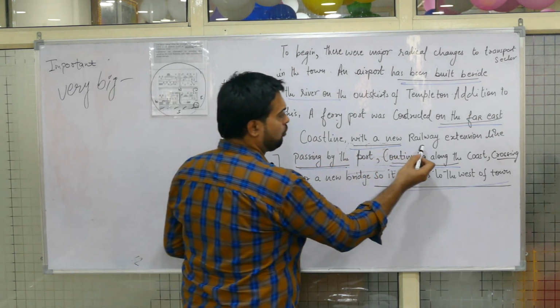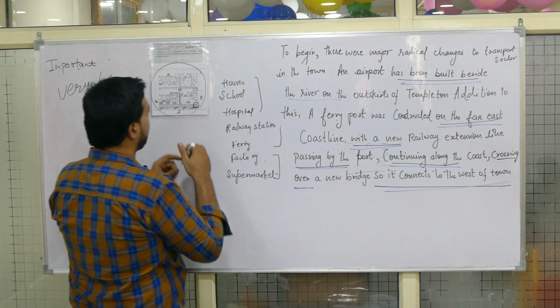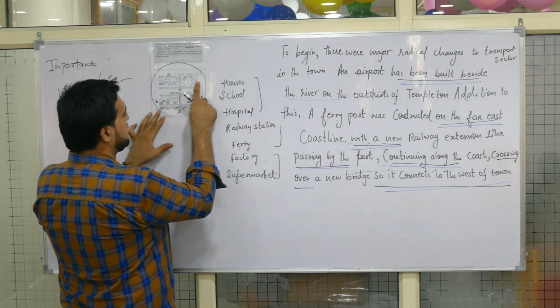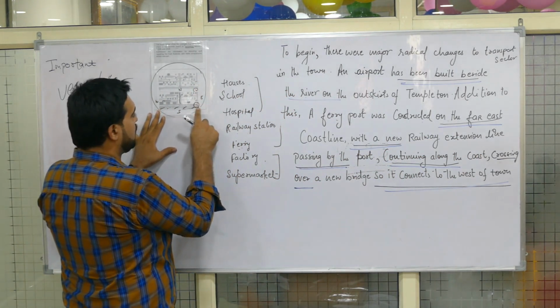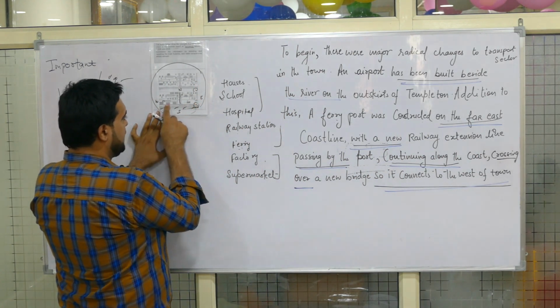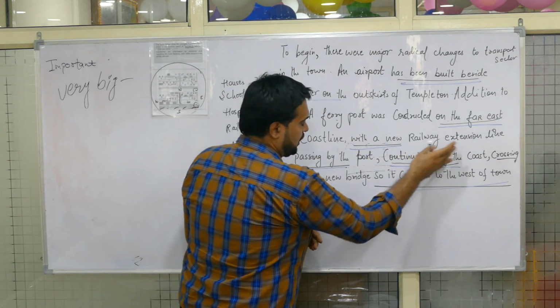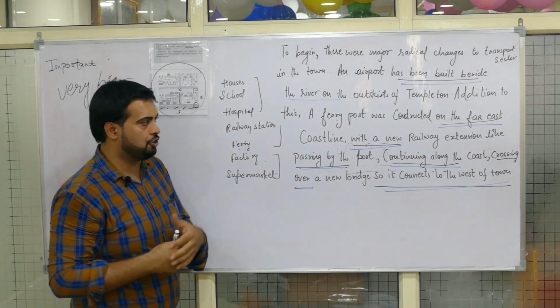See here our new railway extension line. Here the railway line in 2005 was half built. Then in 2015 it was extended. See, that is why I have used the word extension.